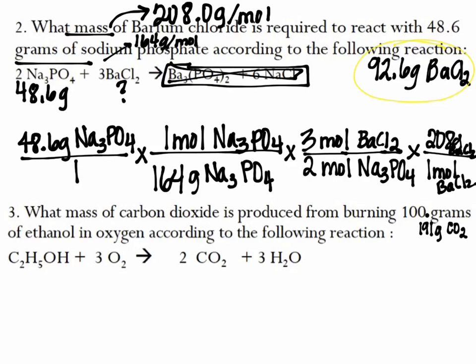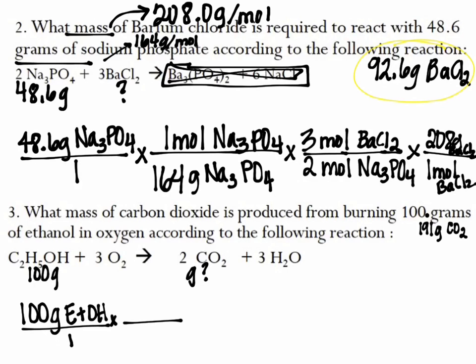So the next thing, let's do the next one. We have 100 grams of ethanol, and I want to know how much carbon dioxide is going to be made. So we start with 100 grams. What is the molar mass of ethanol?